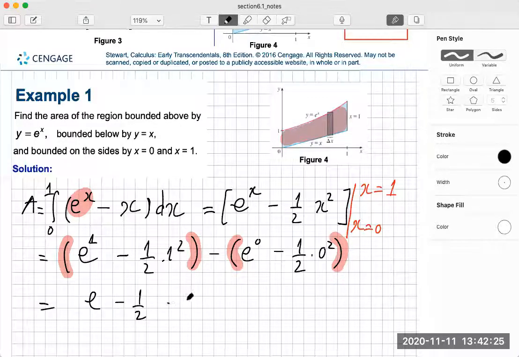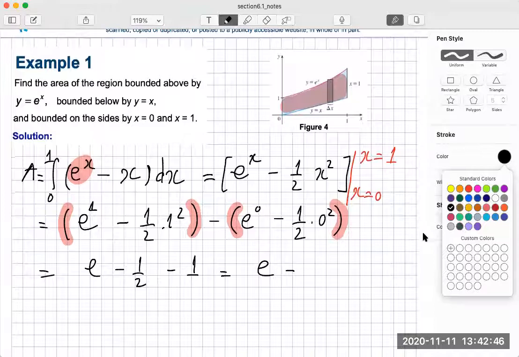We need to change the sign, right? 1 then becomes a -1. And this guy is 0, then we're good. So we simplify it. It becomes e minus 3/2. Very good.